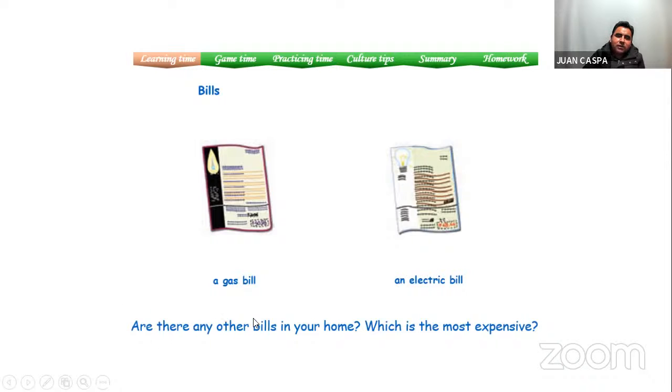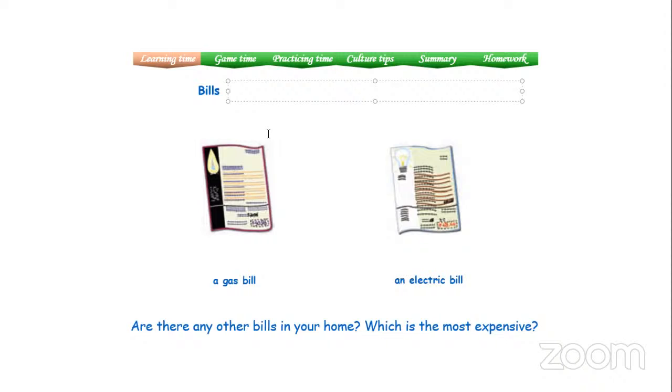Are there any other bills in your home? Which is the most expensive? Can you mention some other bills, maybe? Otras facturas que salen en tu casa.